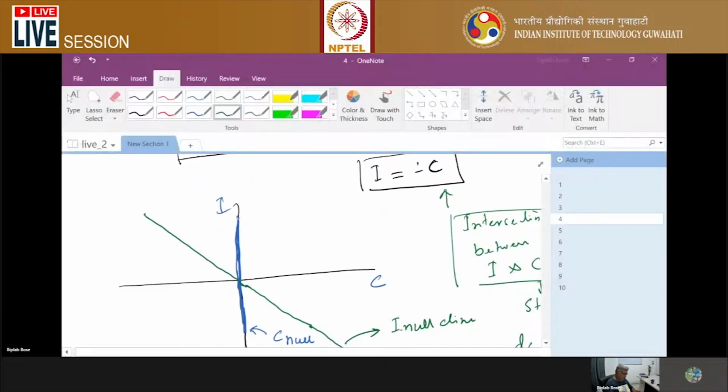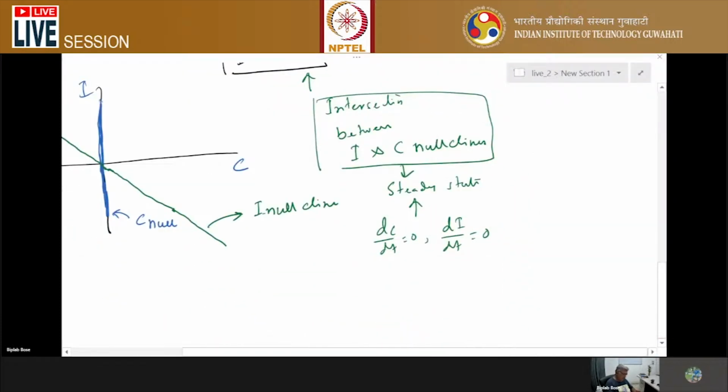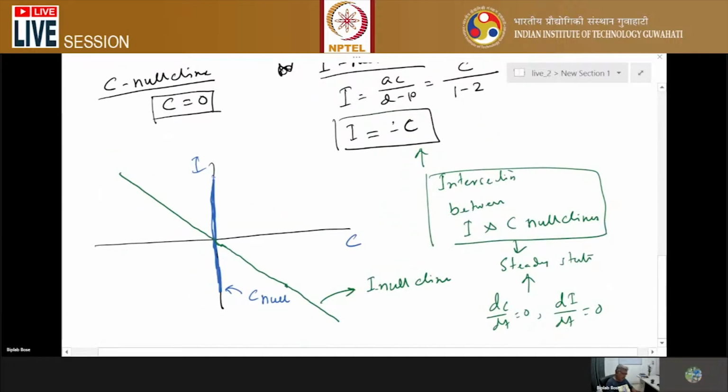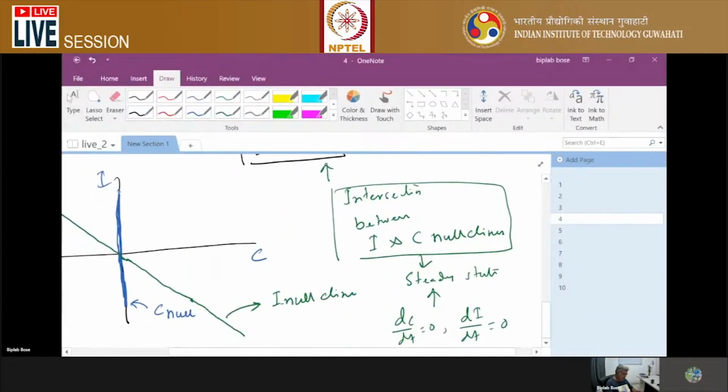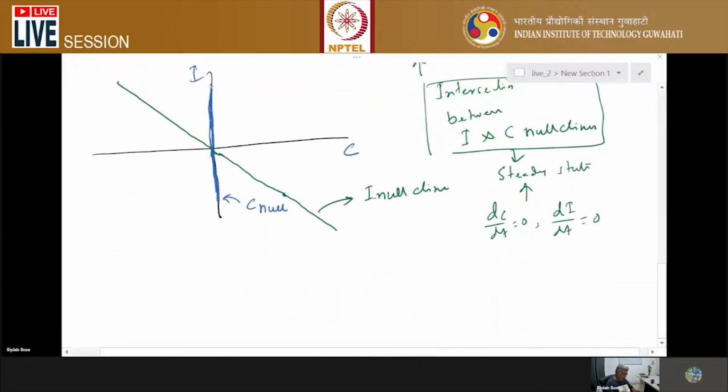So my steady state is here. Raju, you said right. This is the steady state.